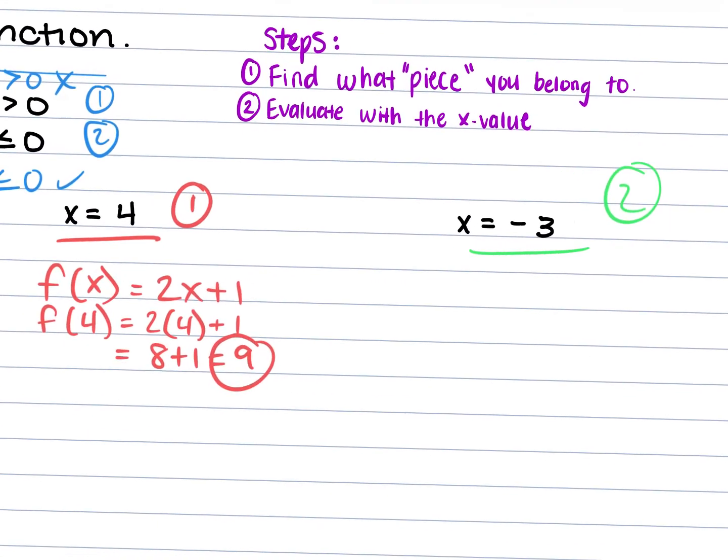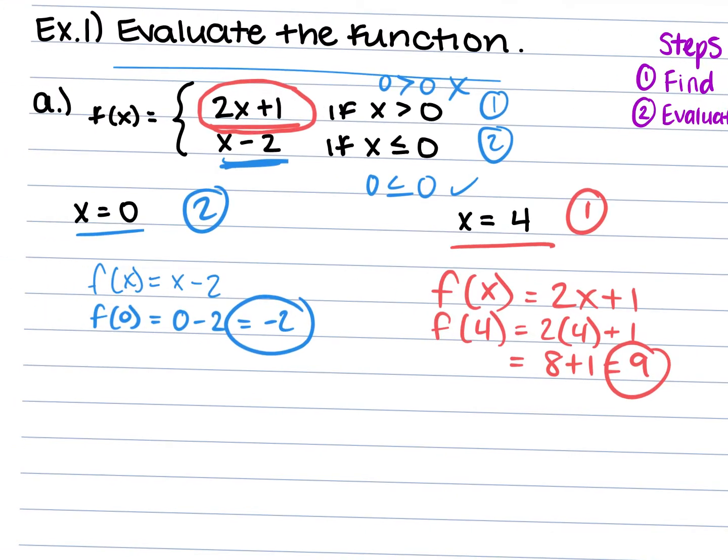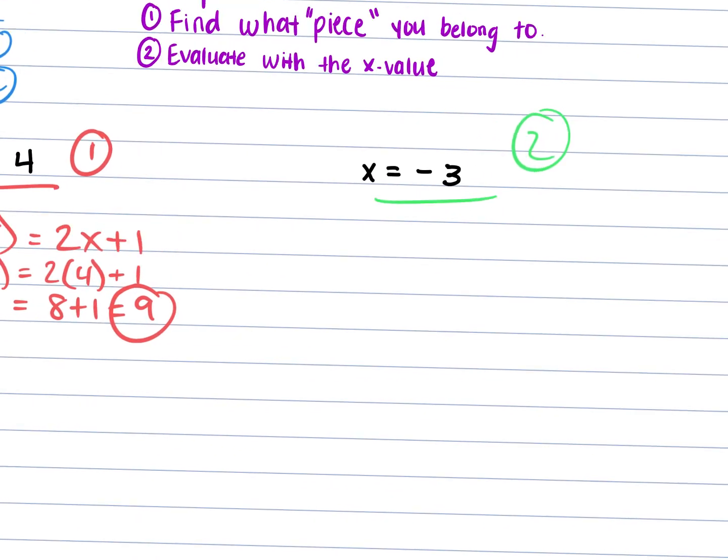So what function am I going to be evaluating? No. Oh, yes, you're right. Sorry. F of x equals x minus 2. And I'm going to replace x with what? -3. So f of -3 equals -3 minus 2. What's -3 minus 2? -5.